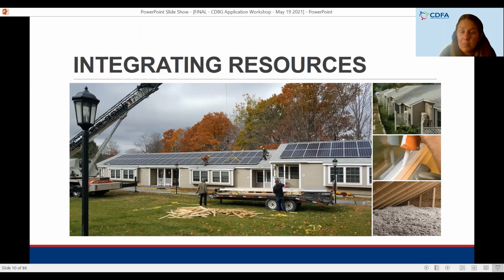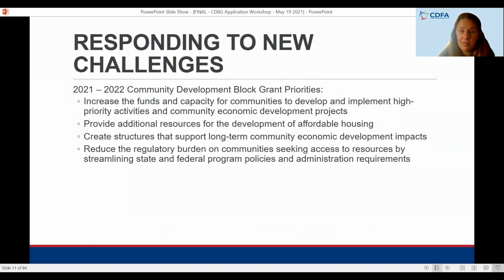And so we were able to provide a clean energy loan in addition to the block grant that supported renovations here. This creates a much more suitable living environment in which the buildings are better controlled for temperature, they're healthier, and it will also reduce operating costs in the long run. And so we do have additional resources to the block grants, and we'd love to talk to you about how some of those resources would help support your project.